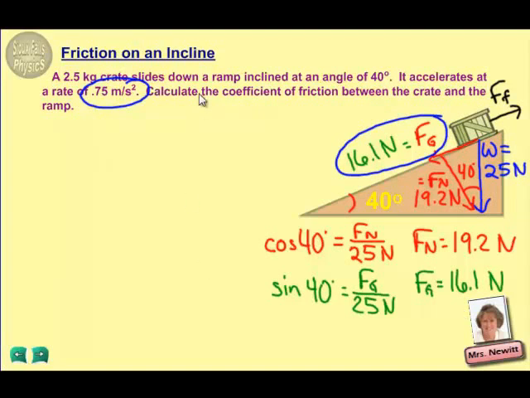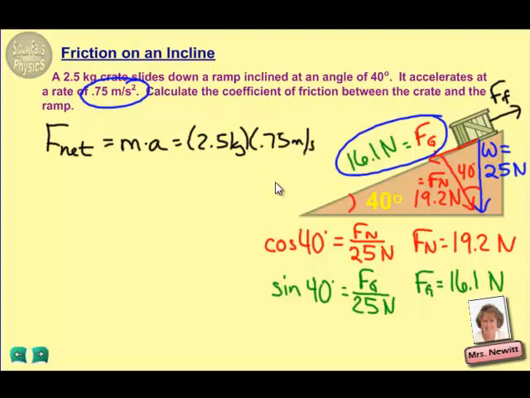The first thing we need to do is figure out how much different the friction is from that 16.1. This will actually take us back to Newton's second law. Net force equals mass times acceleration. And in this case, we have the mass given to us at 2.5. We also have the acceleration at 0.75.